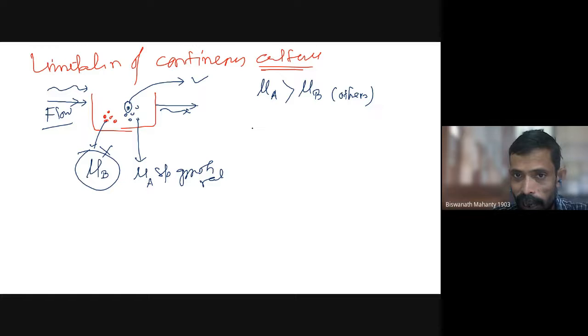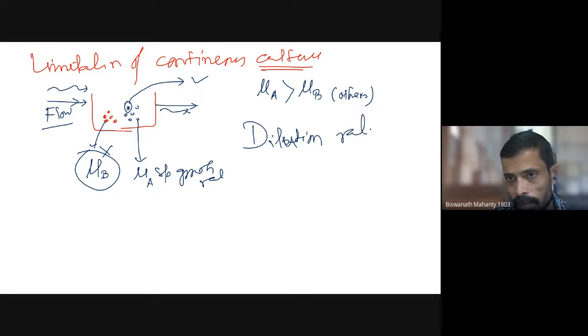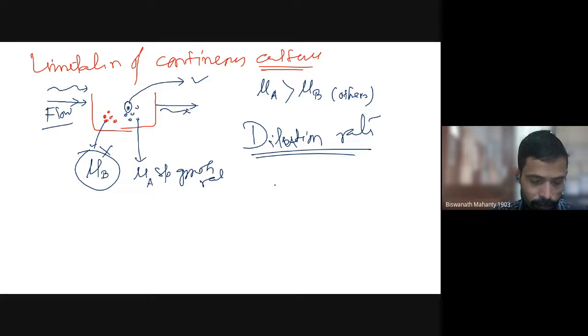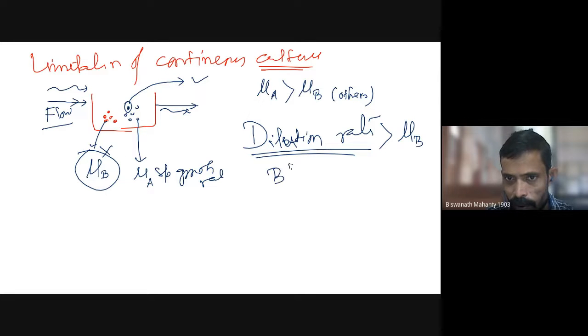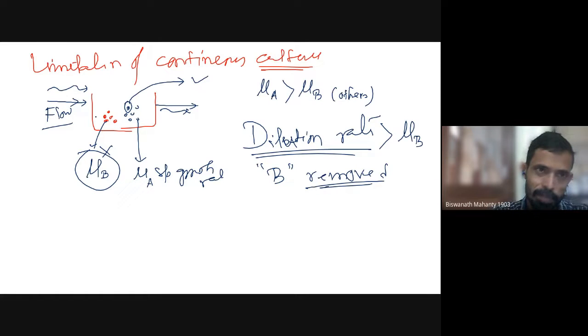So if I provide high dilution, okay, what is dilution rate? By the way, if the dilution rate is greater than the growth rate of organism B, then organism B will be removed. What does it mean? What is dilution rate?